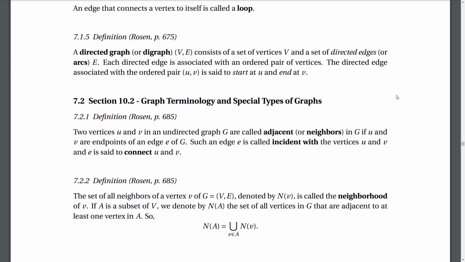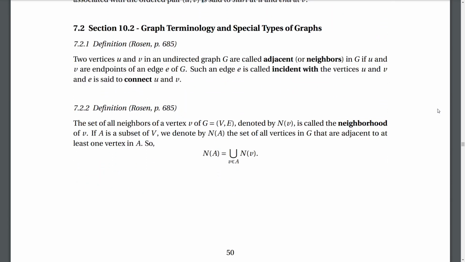Right? Okay, a directed graph is a set of vertices that have a source and a destination, or an initial vertex and a terminal vertex. And so in this case, the order of the source and the destination matters. Okay.